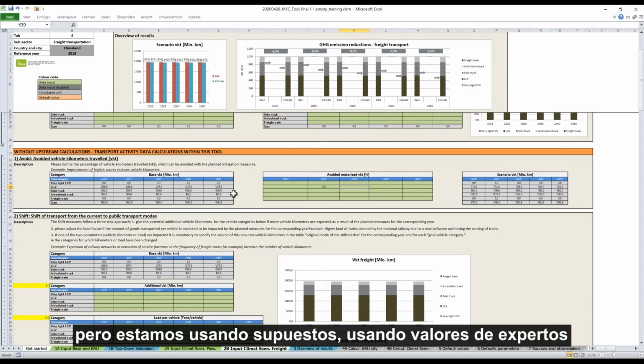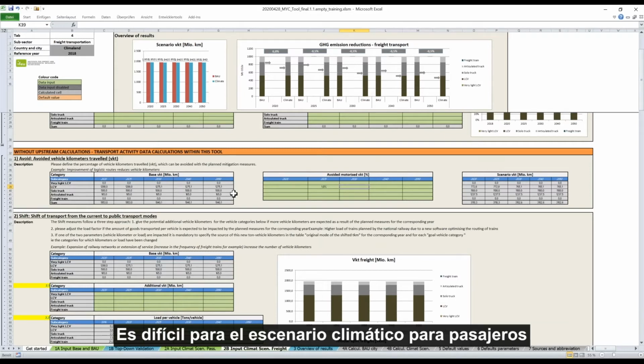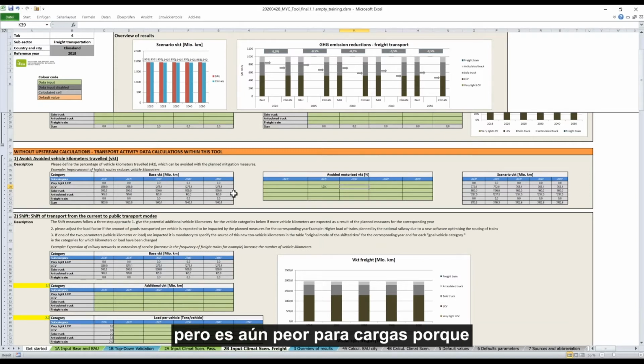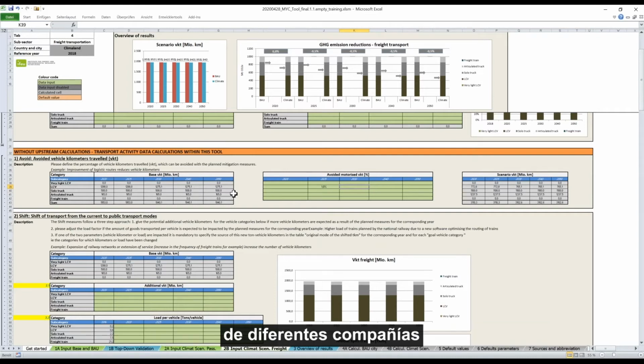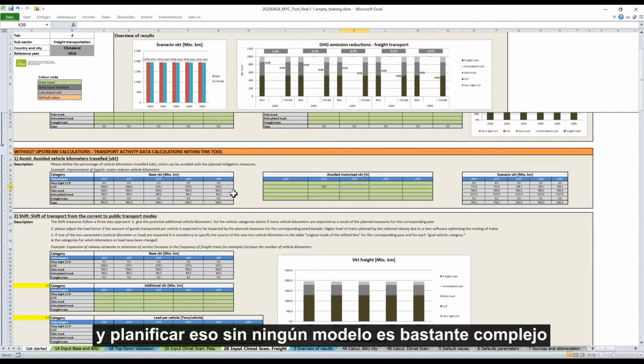It's true for passenger, but it's even worse for freight, because it's very complicated to plan the effects of measures for such a system that is based on efficiency, on routing, on different companies that are using different strategies, and to plan that without any model is quite complex.